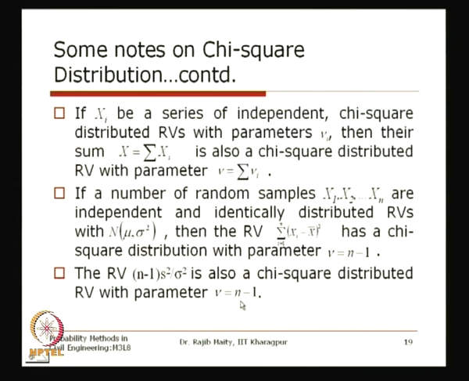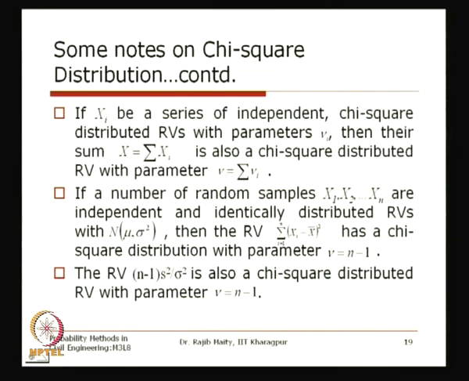So, these two are the basic properties which are generally used for different problems.